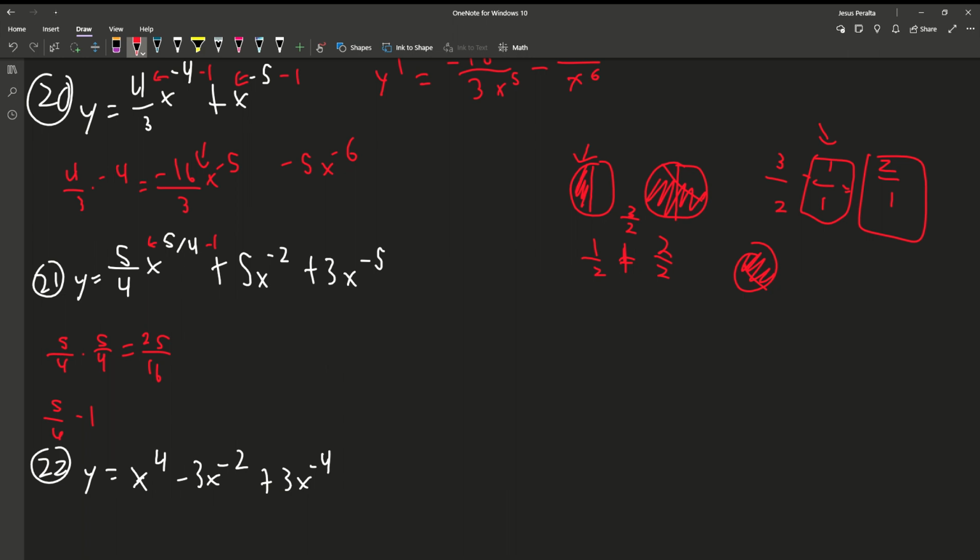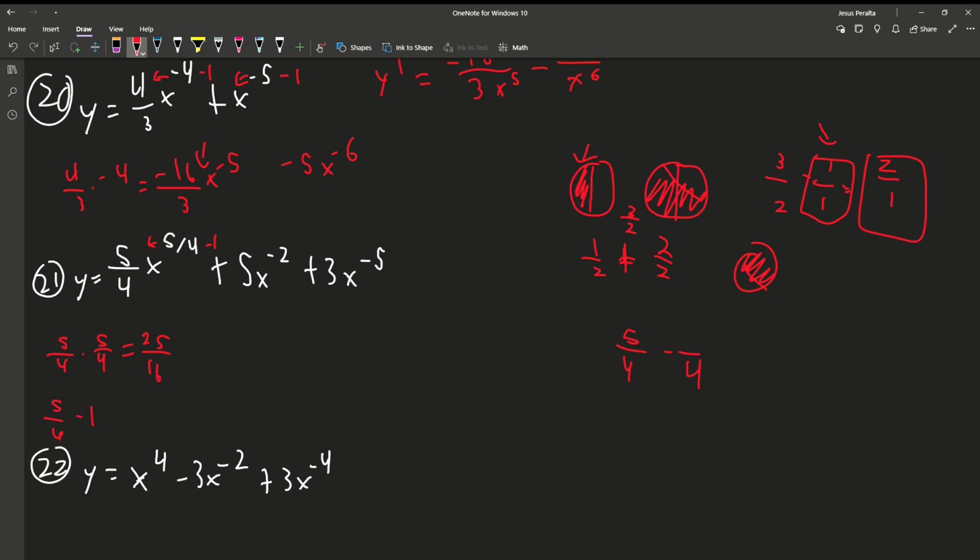So in this example, what do we have over here? We have 5 over 4 minus 1. We want it to be cut into the same amount, so we want it to be out of 4.